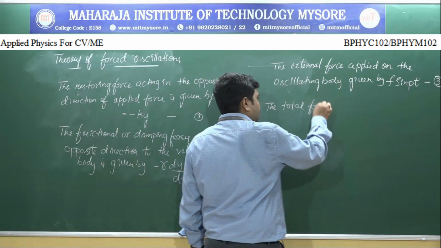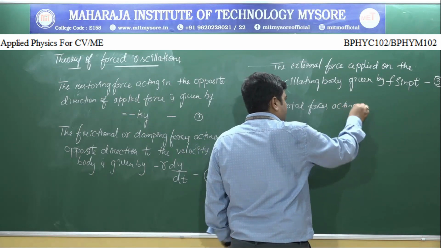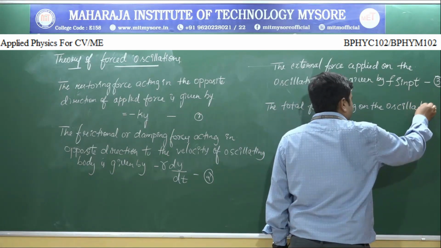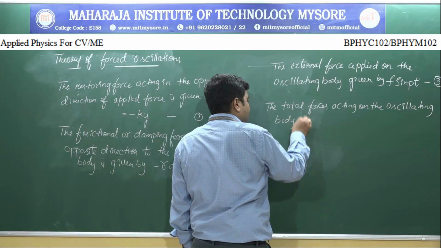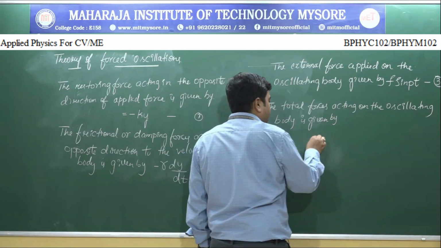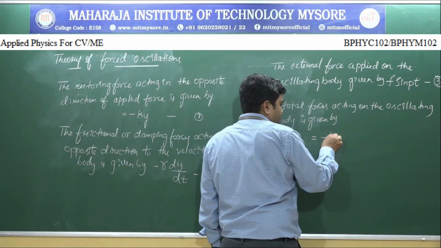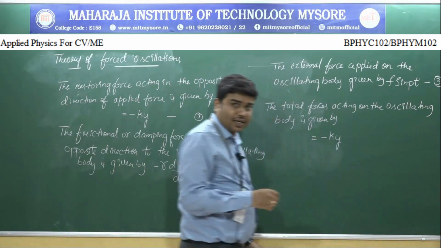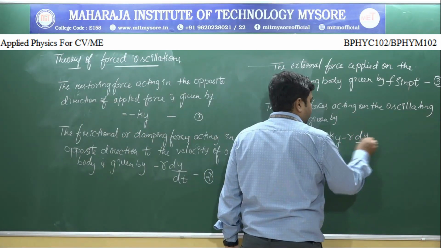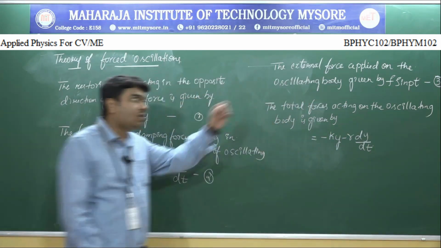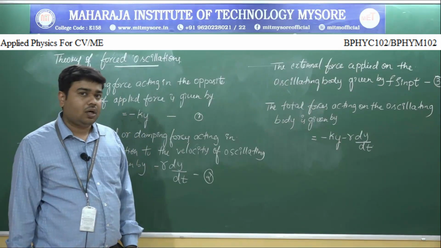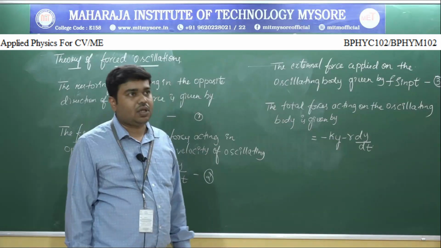The total force acting on the oscillating body is given by the first force, minus k into y, the second force, minus r into dy by dt, and the third force, F sin Pt, where F is the amplitude of the applied force and P is the angular frequency of the applied force.